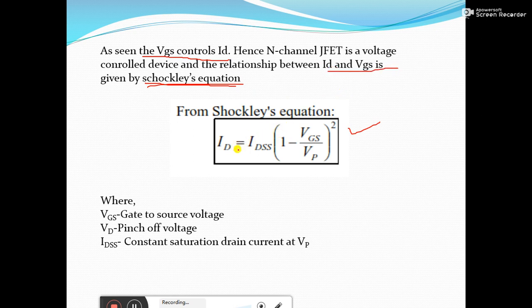It says that ID is equal to IDSS times (1 minus VGS over VP) squared, where ID is the drain current or output current. IDSS, as we have seen, is the constant saturation current at pinch-off voltage, so this is the maximum saturation value of the drain current. Then VGS is the gate to source voltage, and VP is the pinch-off voltage.